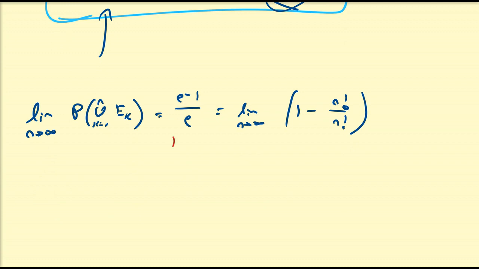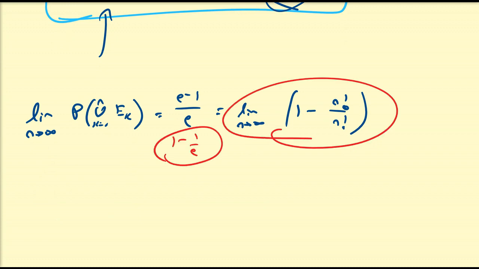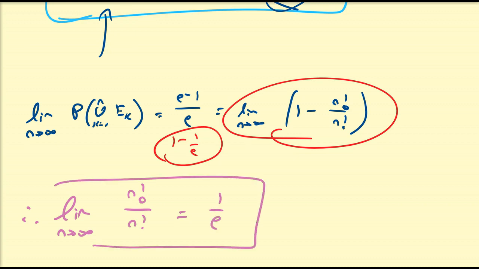Remember, this is the same as 1 minus 1 over e. So looking at this, we can subtract both sides of this equation from 1 and ignore the equal sign. So we have a very interesting limit that comes out as a consequence: the limit as n goes to infinity of n subfactorial over n factorial is equal to 1 over e, which is a very beautiful result.